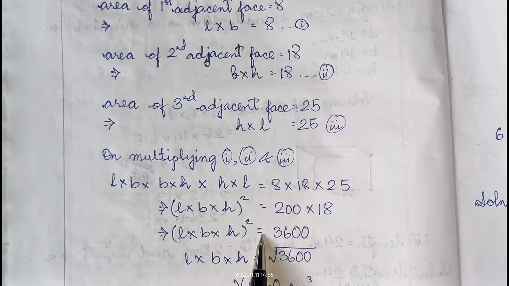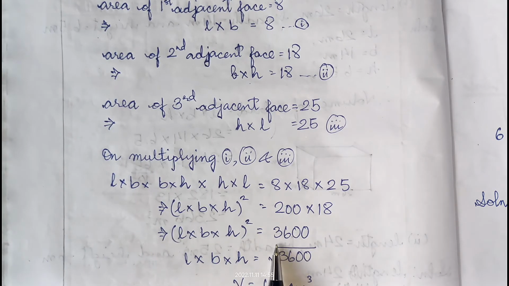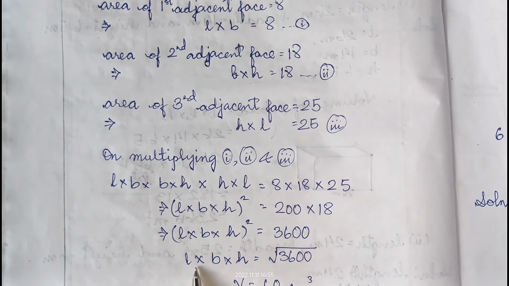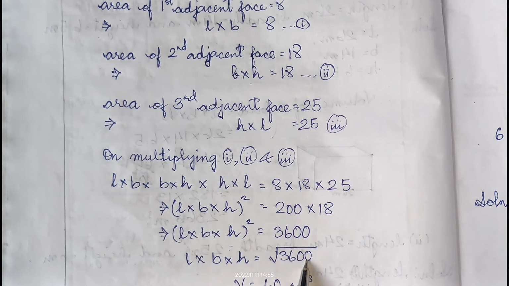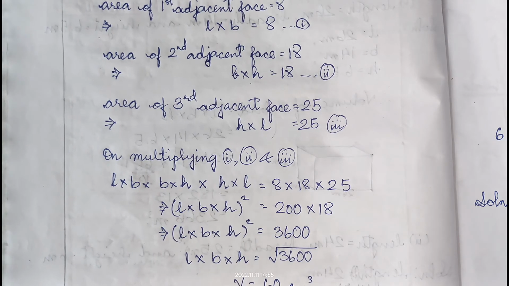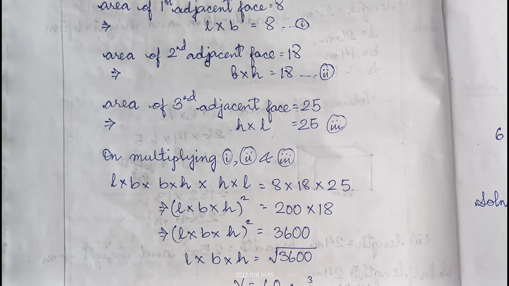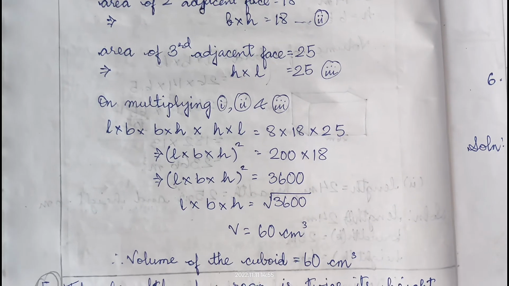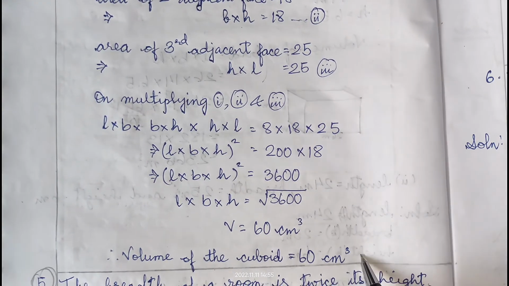LBH whole square equals 3600. So LBH equals root over 3600. Now L into B into H, this is volume, so V equals, and 3600 is the square of 60, so V equals 60 centimeter cube. Therefore the volume of the required cuboid is 60 centimeter cube, and that's the answer.